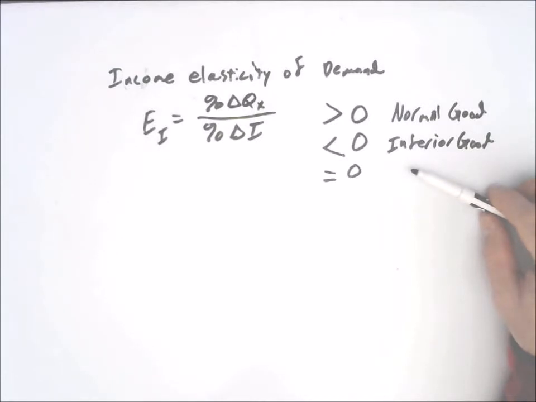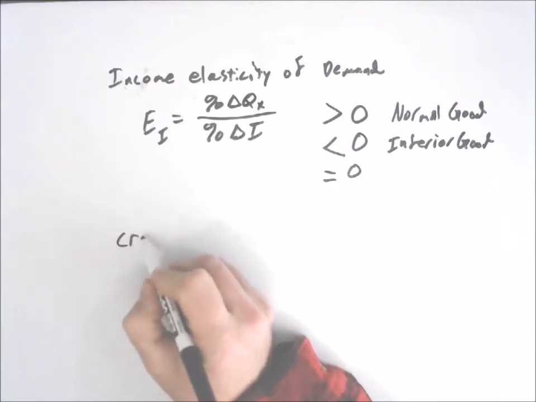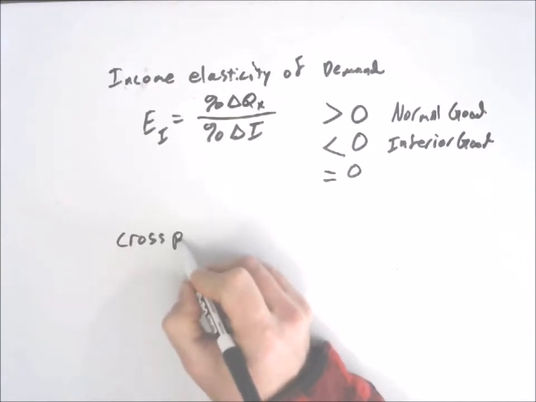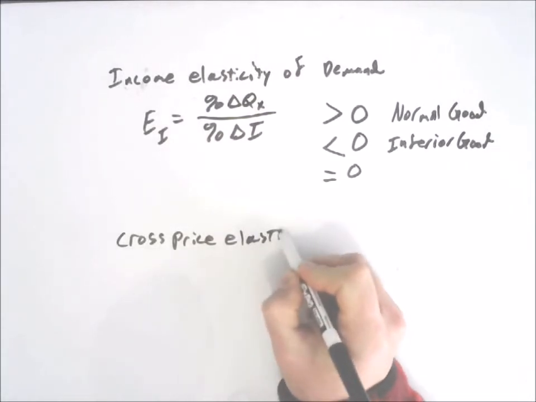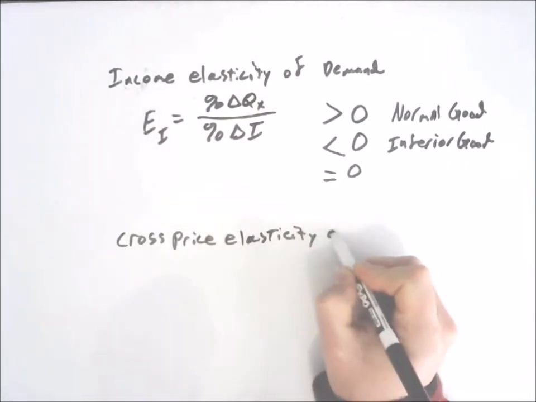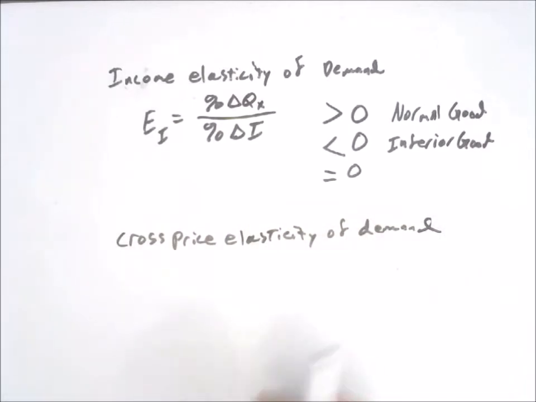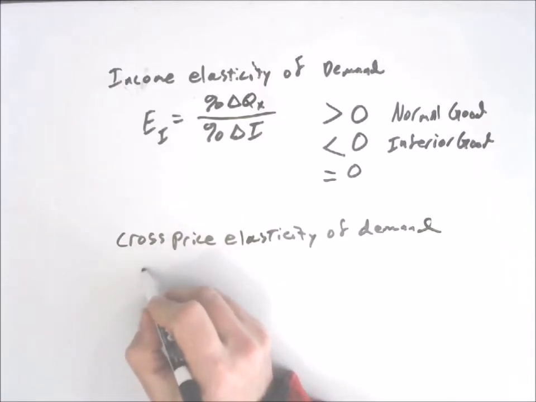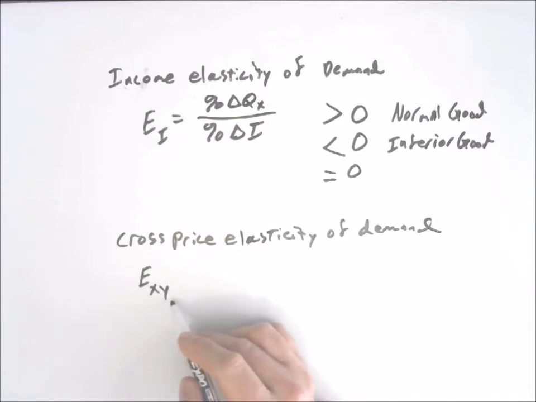The second type of elasticity that we will explore is called cross-price elasticity of demand. This is typically represented by E sub XY.